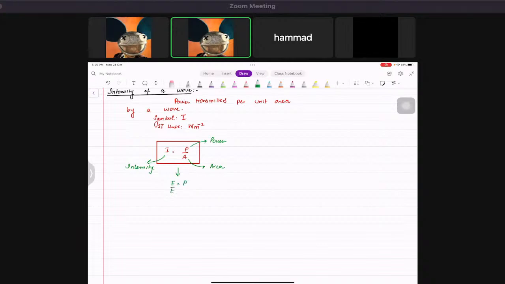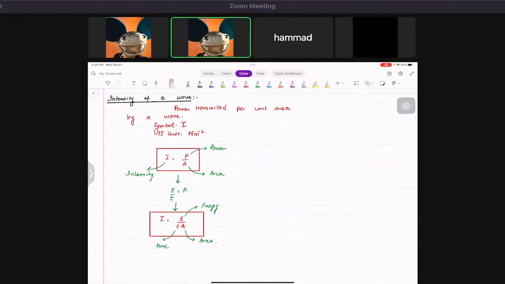So if I replace it, this whole thing can be written as intensity is equal to energy over time over area. I just want to tell you that you can write this and then we're gonna move forward. If you have a question, please let me know.